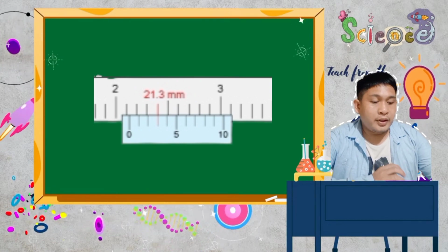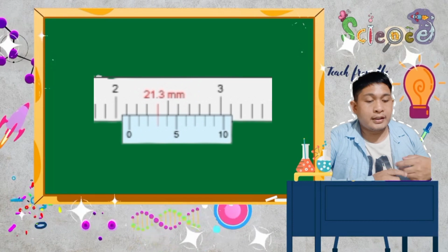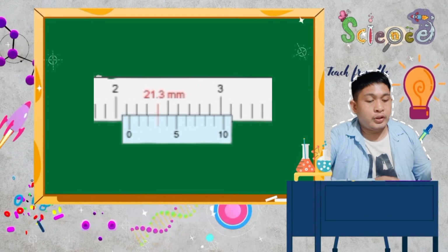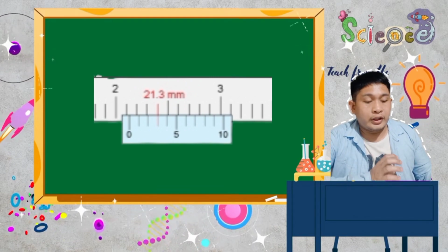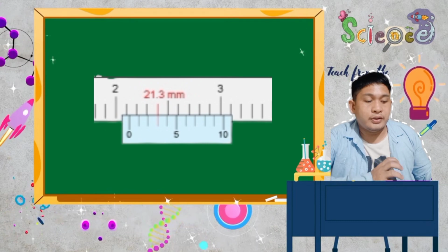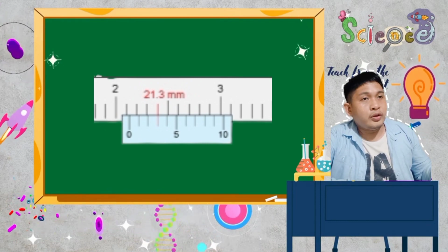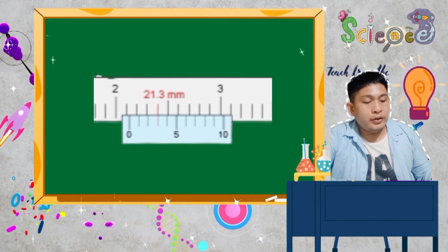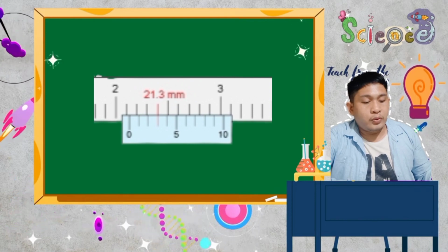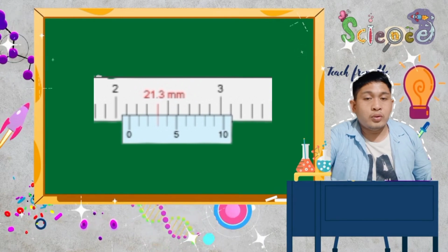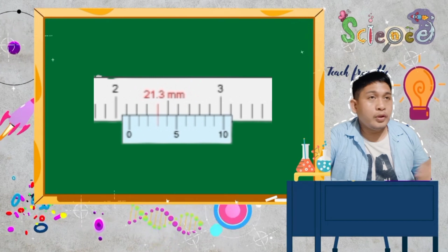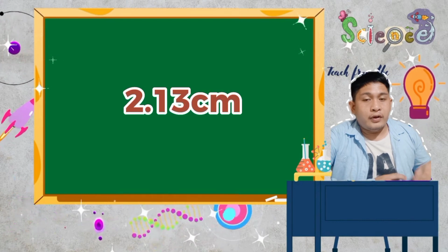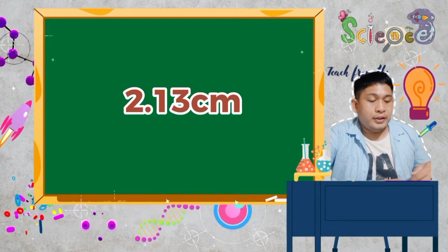I will give you many examples for you guys to understand how we measure with the use of the Vernier caliper in terms of millimeter and centimeter readings. I have here 21 mm on the main scale and 0.3 mm on the Vernier scale, which gives an answer of 21.3 mm, or if we convert it into centimeter, 2.13 centimeter.